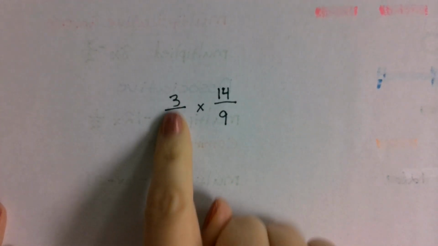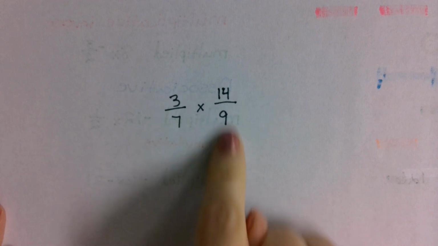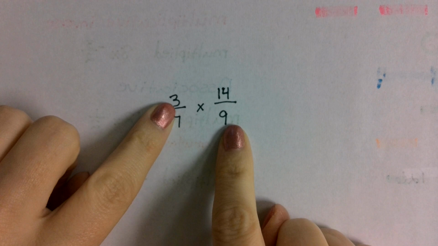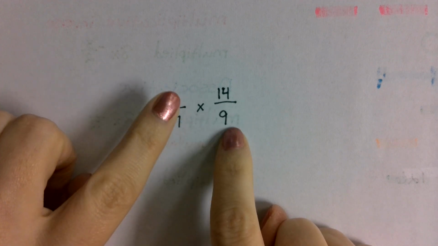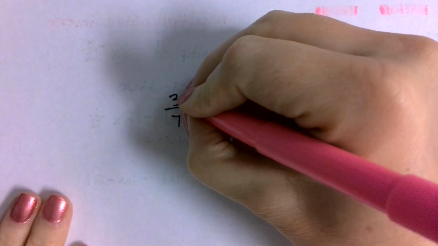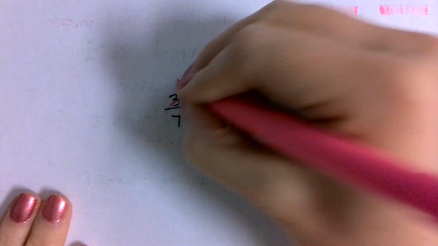So 3/7 can't be simplified. 14 over 9 cannot be simplified, but 3 and 9, they can be simplified. What are 3 and 9 both divisible by? Logan? 3. So if I divide 3 by 3, it becomes a 1.